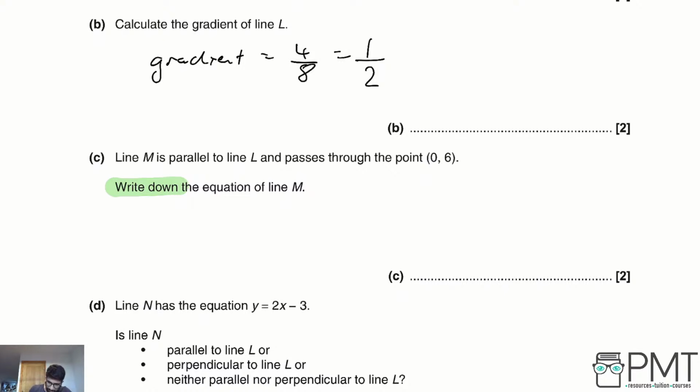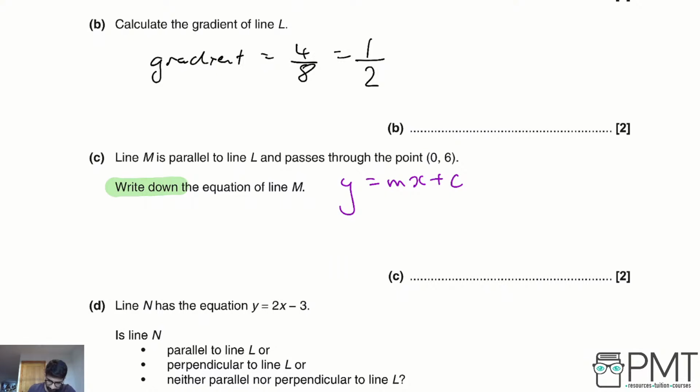So remember our form is y equals mx plus c. Do we know the gradient of this line? And do we know c? Those are the 2 factors that you need. You always need the gradient and the y-intercept. So what's the gradient of this line?